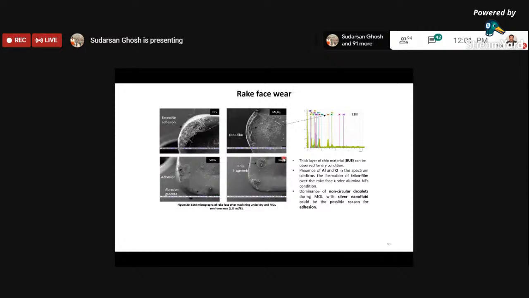In silver, again, you see some chip fragments have been observed on the rake surface of the tool, and this again points out that the silver nanoparticles could not actually resist the adhesion problem. So even if you are using silver nanoparticles, the adhesion will take place.